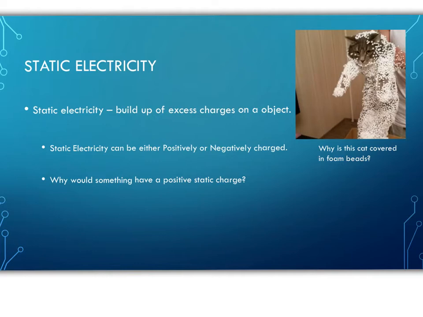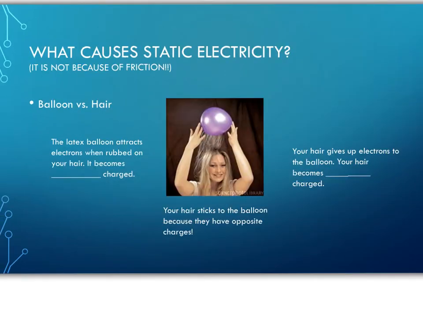Well, that's because it lost electrons. So if you look at that cat there, that cat is kind of falling victim to a static charge right now. Its fur is maybe negatively charged, and it attracts all those styrofoam balls, which maybe have a positive charge, the opposite charge from its fur. While it doesn't look very happy, that's what's happening to it.